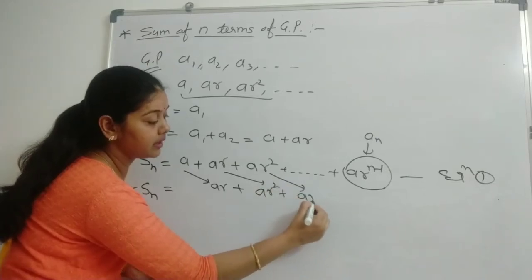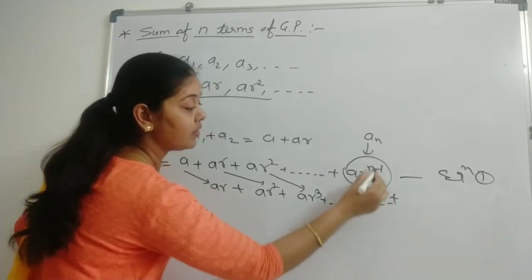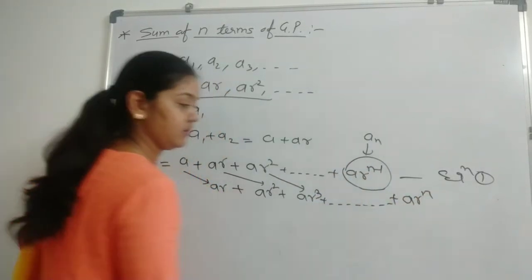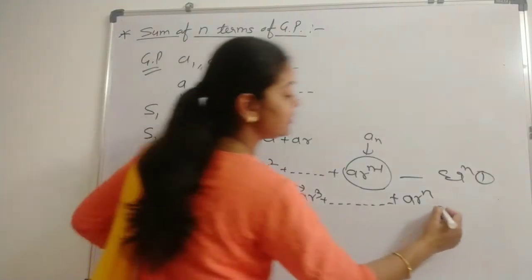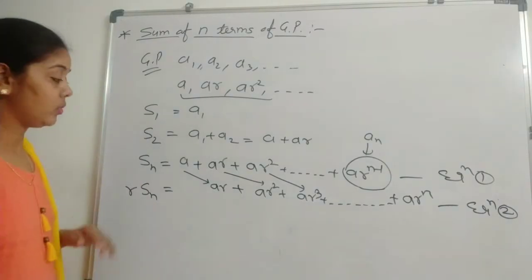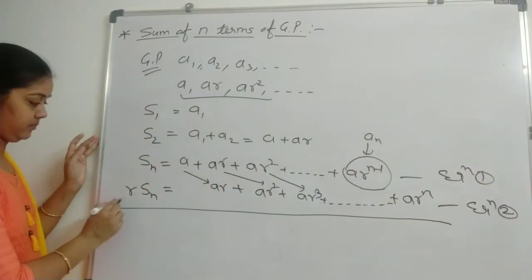This term will become a r cube and so on. Then multiplying the last term with r, I will get a r raised to power n. Okay? This is our equation number 2. Now subtract these two equations.